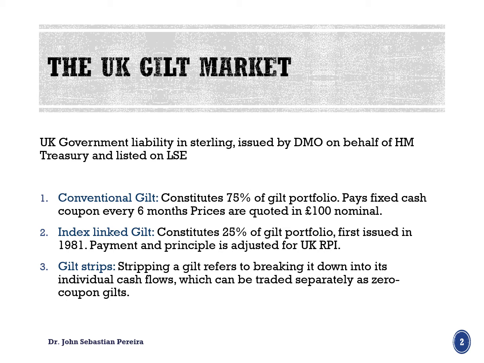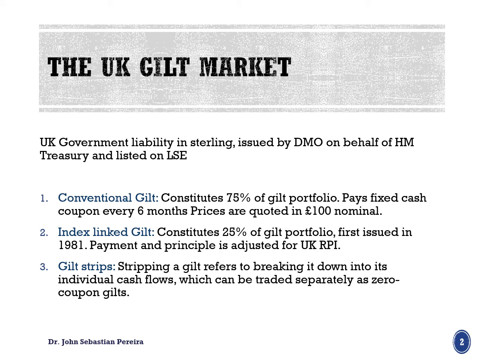So the UK government liability, which is issued in pounds sterling, is issued by the DMO, Debt Management Office, on behalf of Her Majesty's Treasury and listed on the London Stock Exchange. The gilt market as a whole in the UK consists of three main instruments: conventional gilt, index-linked gilt, and gilt strips.